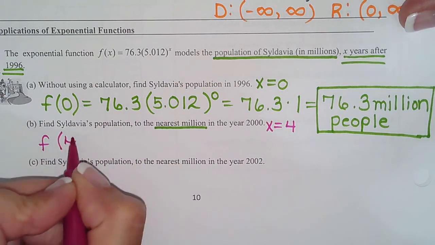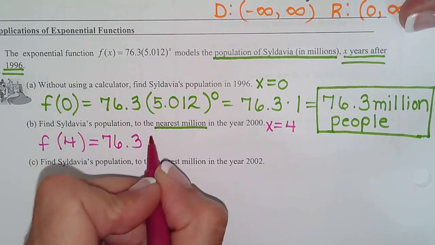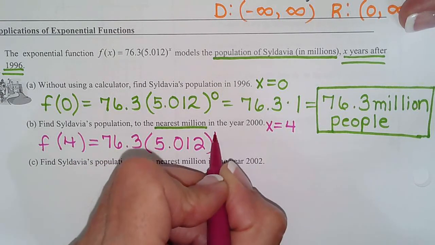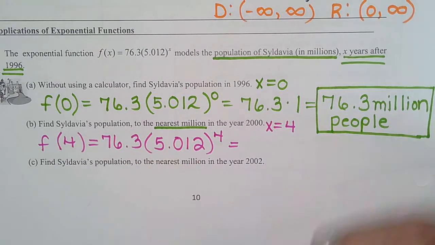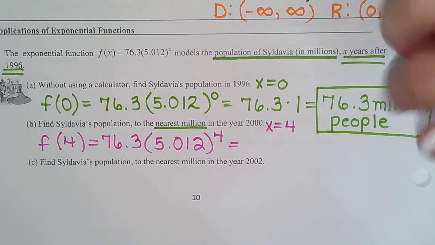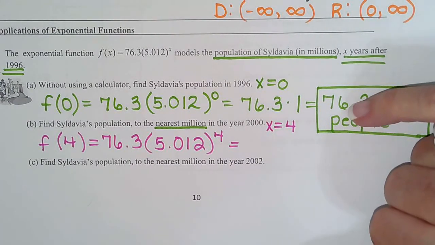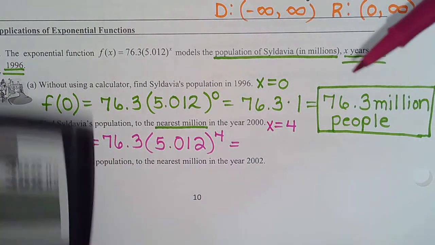So f of 4 equals 76.3 times 5.012 to the 4th. And then they want it rounded to the nearest whole number, because that would be millions, right? Because this is in millions. If this said nearest million, we'd write 76 million, because that 0.3 doesn't change it.